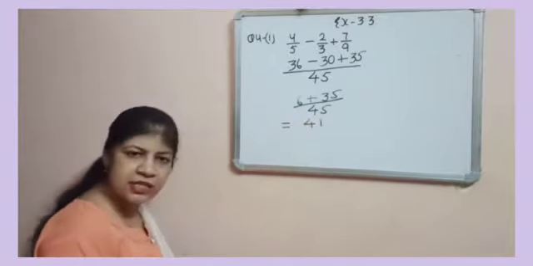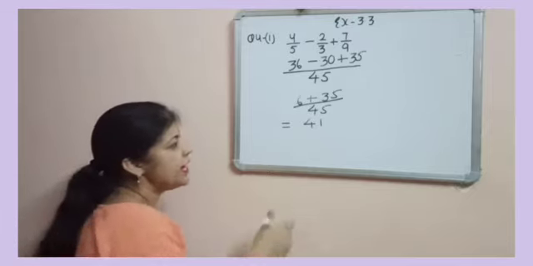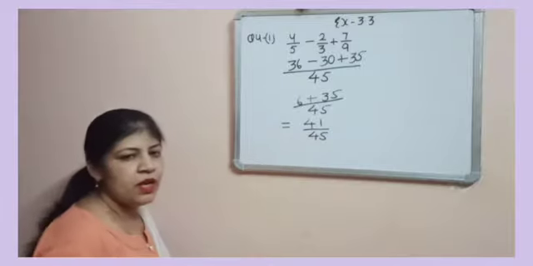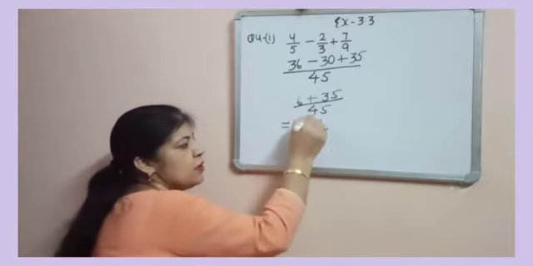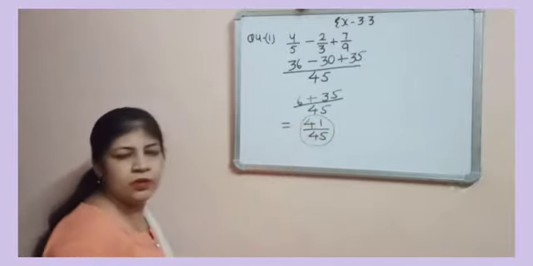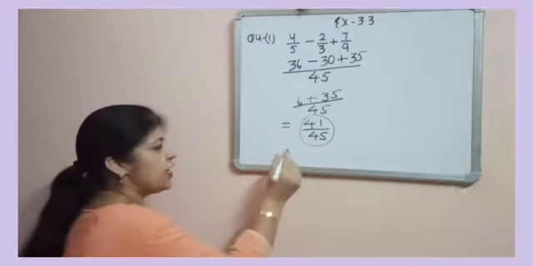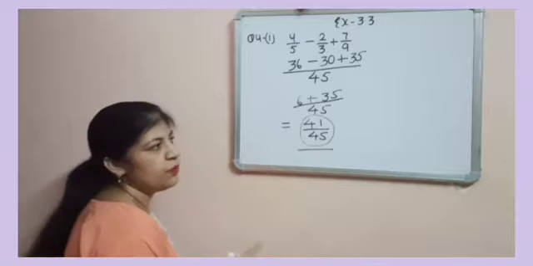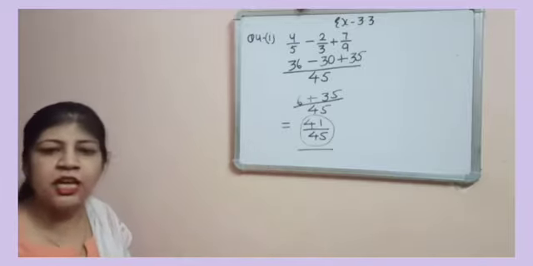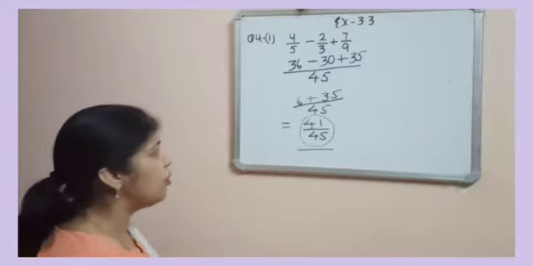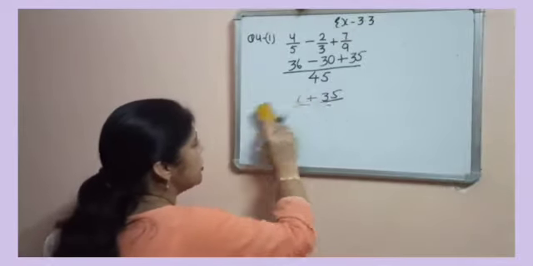Both are plus, same sign, so you will do addition. 41 by 45. Now it is a proper number and already in lowest form, so that will be your answer, 41 by 45. Clear?